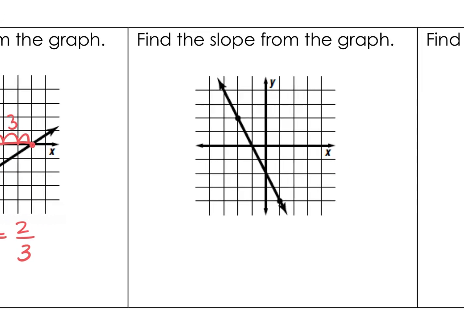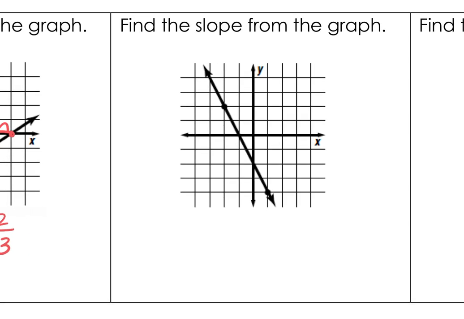All right, second to last one. I have another line that's decreasing. So since it's decreasing, we're going to have a negative slope. And again, when I draw my right triangle, I like to go down and right, because for me, that down triggers like I need to make sure that I write my slope as a negative. So I'm going down 1, 2, 3, 4, 5, 6.